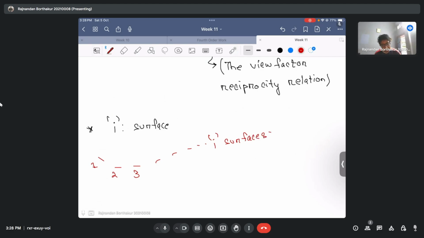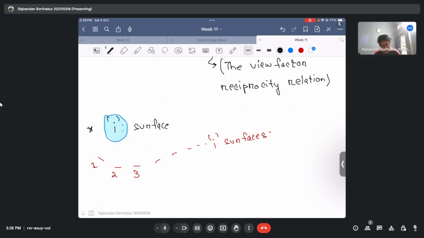So basically, what I want to portray here is that if I have a surface i, and I want to define view factors of surface i with all the remaining surfaces that intercept the radiation leaving surface i.